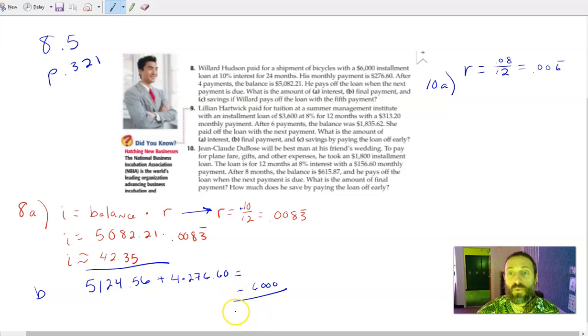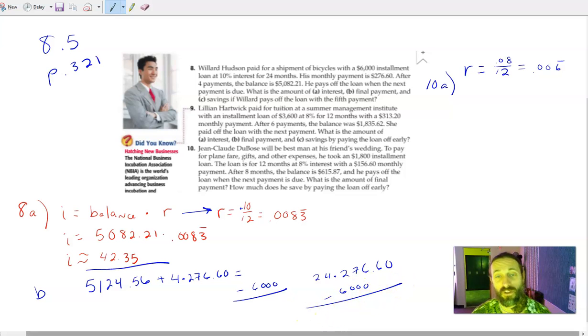You would compare that to the 24 months at $276.60, and then subtract the $6,000 from that. You'll notice you end up paying a lot more in those additional 20 months with all the interest added up.